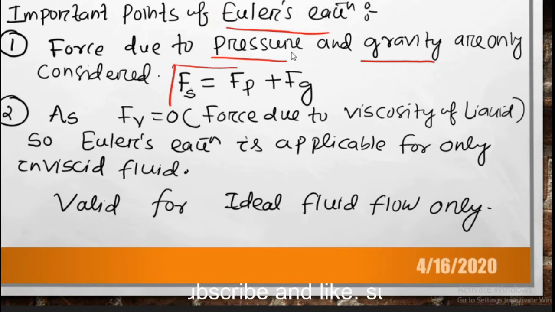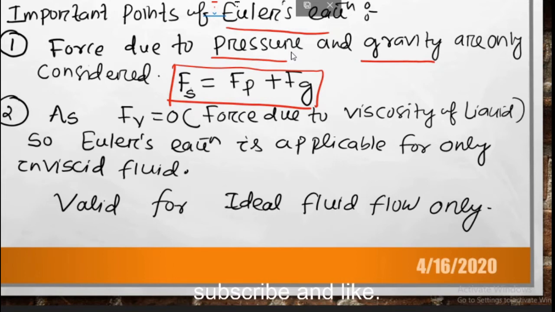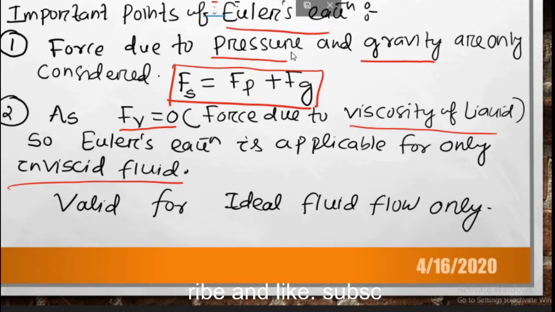So what are the two forces considered? The first one is the pressure force, and the second one is the gravitational force. The viscous force has been neglected, which is the force due to the viscosity of the liquid. So Euler equation is applicable for inviscid fluid, a fluid which has zero viscosity.